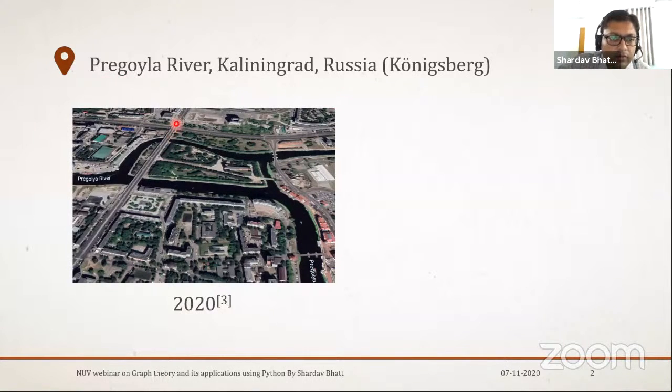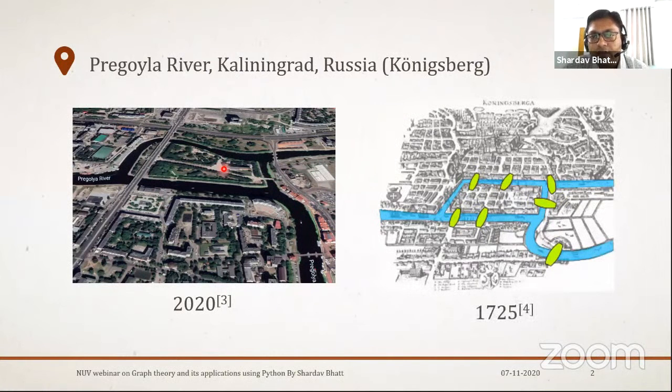Now we can see we need many bridges to connect different parts of this city. So in early days, in 1725, this was a map of Königsberg, and there were 7 bridges on this river. You can see there are various bridges from one region to another. Today, some of the bridges are not there, as you can see in this figure, but in those days there were 7 bridges.